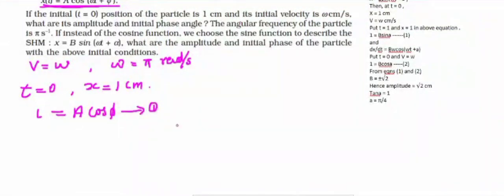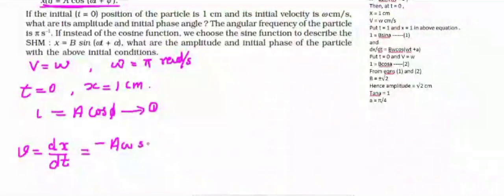The next step, differentiate the given equation with respect to time. So you will get a velocity v is equal to dx by dt, which when you differentiate gives minus a omega sine(omega t plus phi).